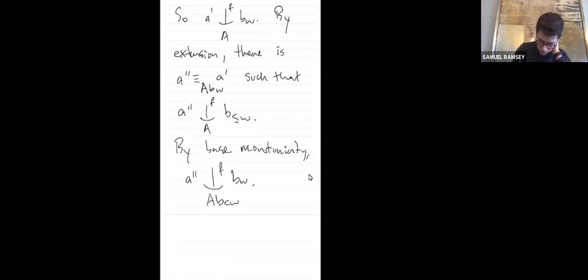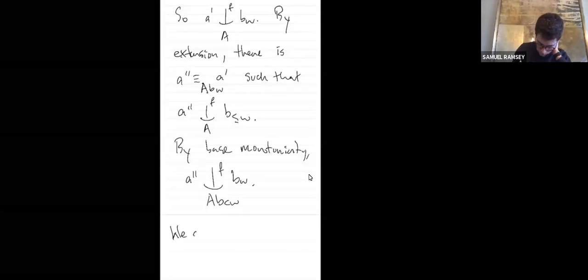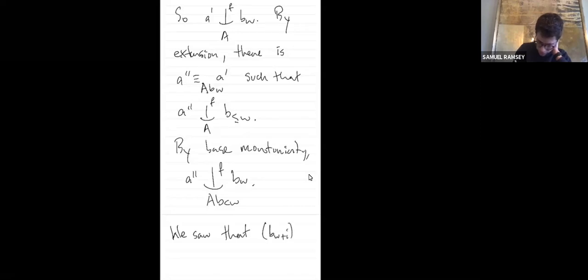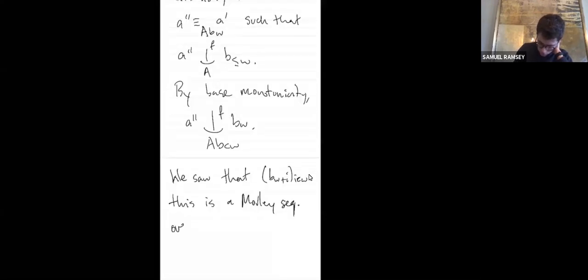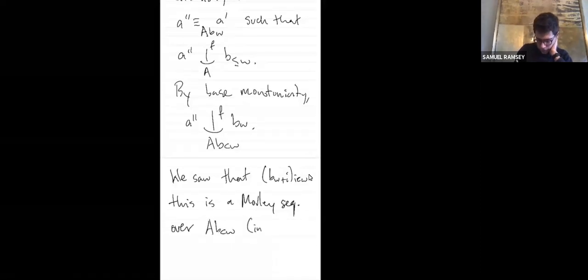Now, last time we saw that if I look at B omega plus i, i less than omega, this is a Morley sequence over A B less than omega, indexed in reverse.